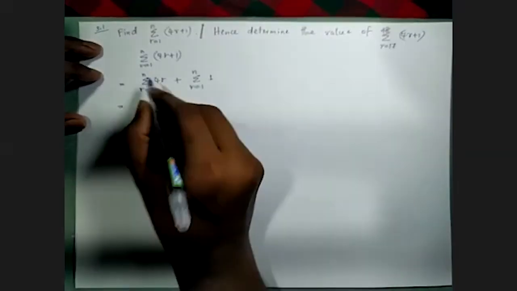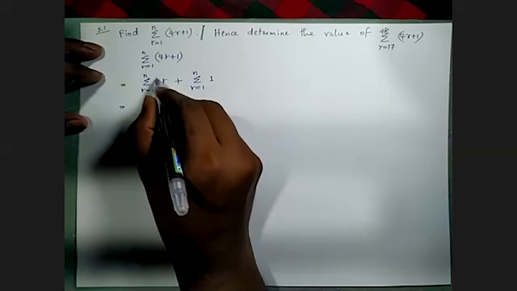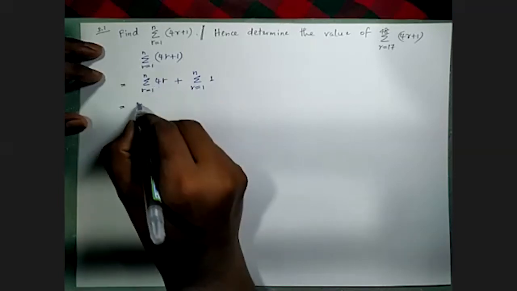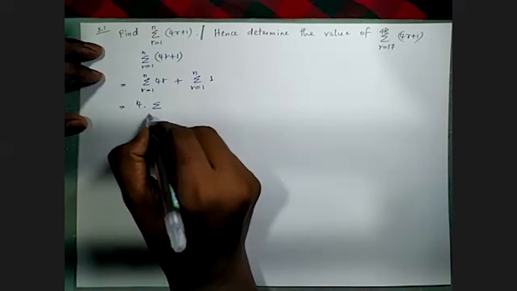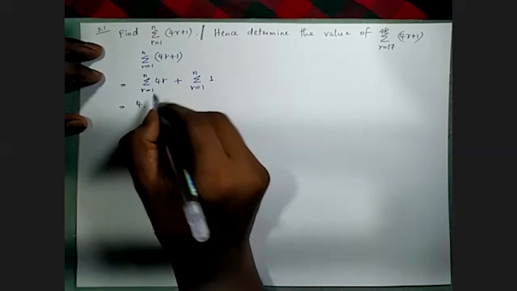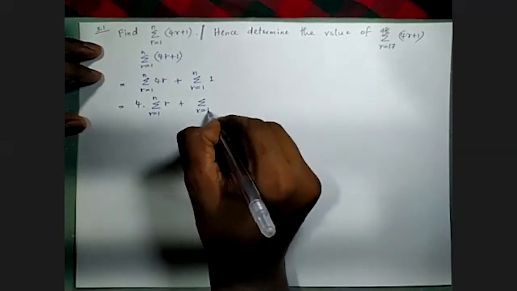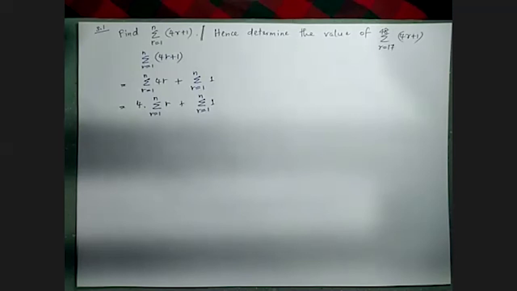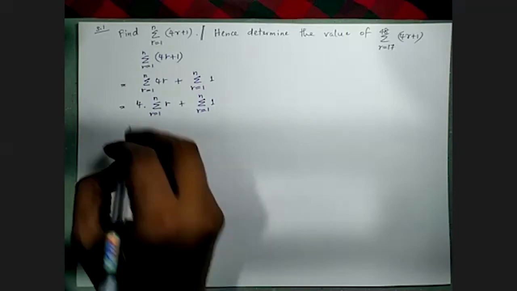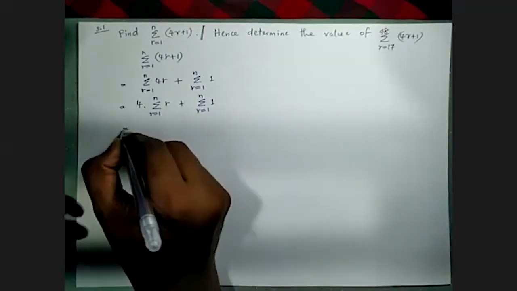Second feature, if you have a coefficient for the r term, you can take that coefficient out and write it in front of the notation. Okay, understood? Yes, sir.